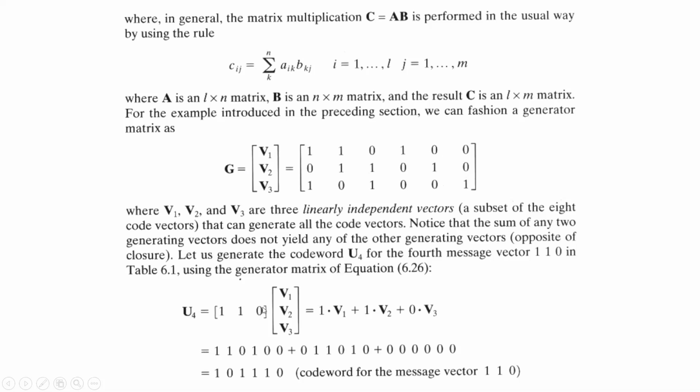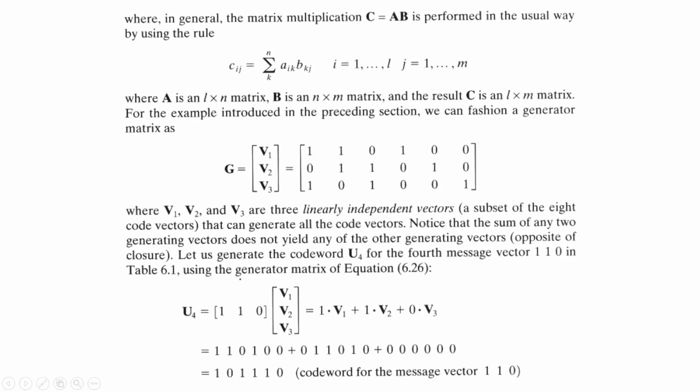Let us say this message vector comes, and I multiply this message vector with this generating matrix. Then this will be the code word generated, 101110. So what is the meaning? When 110 comes at the input of the channel coder block, it is not 110 that will be transmitted from the transmitter, but this code, 101110. We add some amount of redundancy so that if any bits go in error, I should be able to detect and correct the errors.